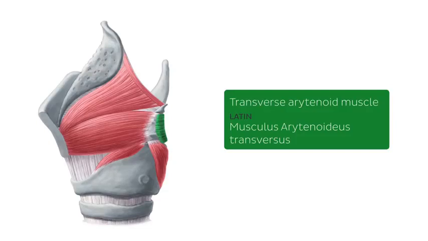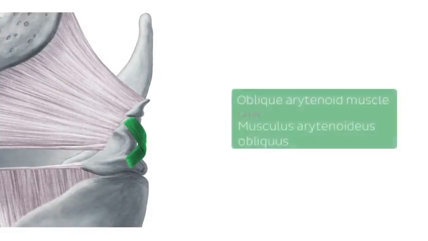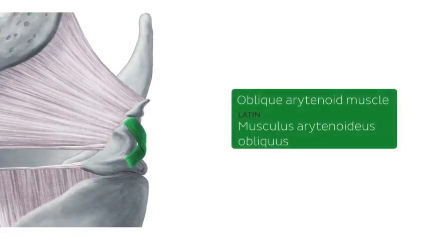The next muscle is this one, seen here in a very similar location to the previous one, and this is known as the oblique arytenoid muscle. The oblique arytenoid muscle has an interesting origin and insertion. As you can see, it originates from the muscular process of this arytenoid cartilage, and then it goes and inserts on the opposite side on a different arytenoid cartilage, specifically on the apex.